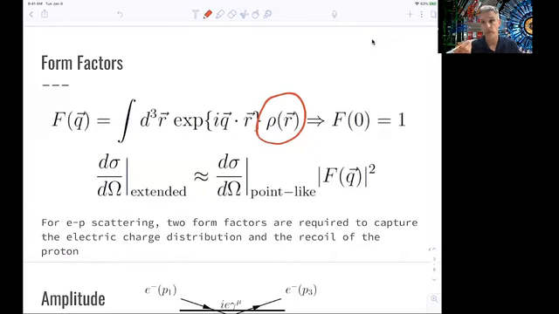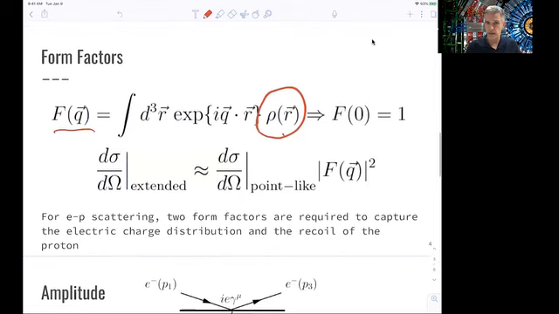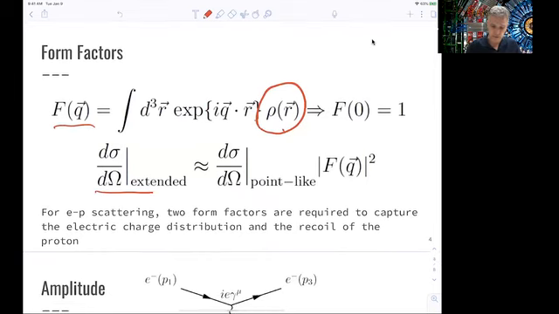And so when we use the photon to probe a proton, we probe the charge distribution inside the proton. So we build a Fourier transform of the charge distribution, and then can extend the cross-section from a point-like cross-section via this Fourier transform of this charge distribution.